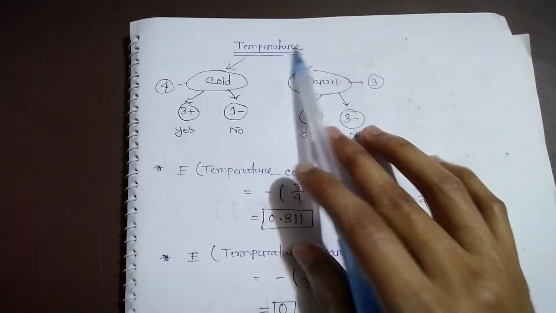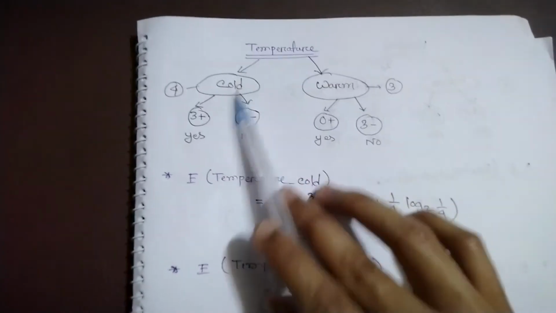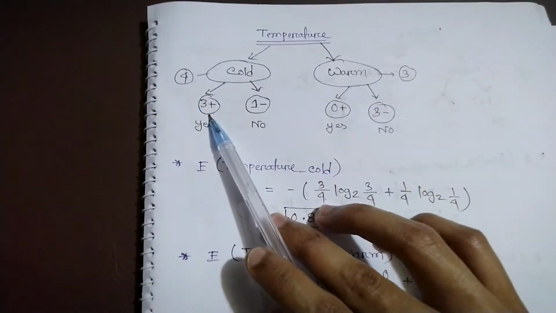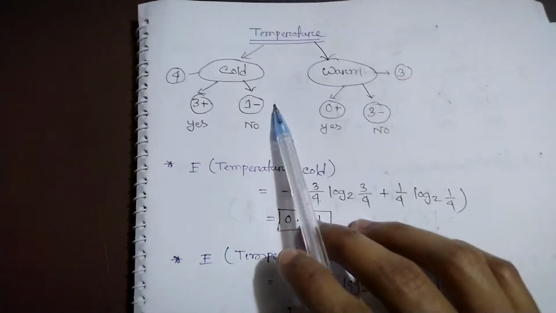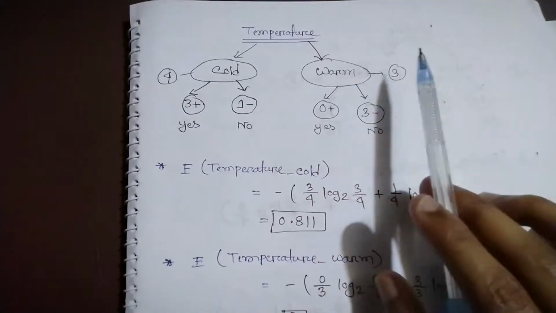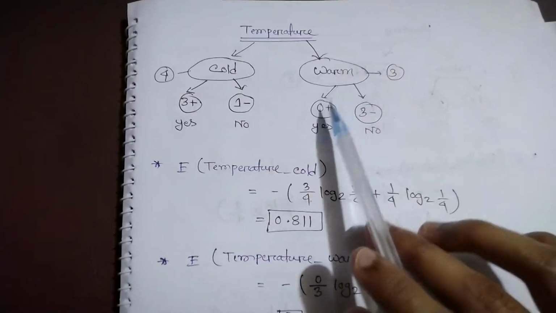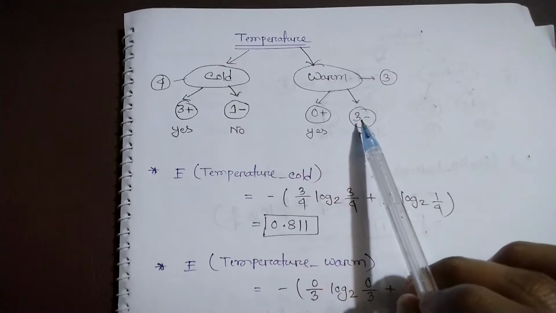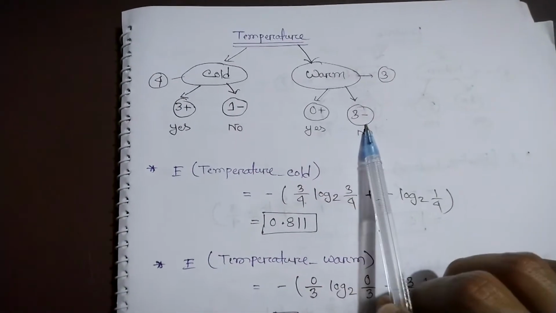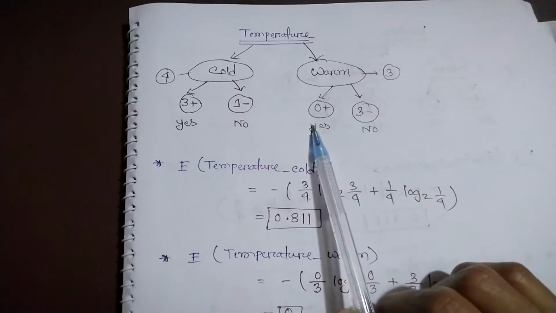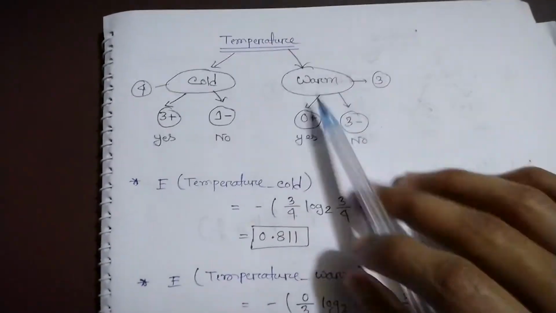The same way you will find it for temperature. There are a total of 4 items which are cold, and out of them 3 are yes and 1 is no. There are 3 items which are warm, and all 3 are no, with 0 items being yes. And now this is solved.